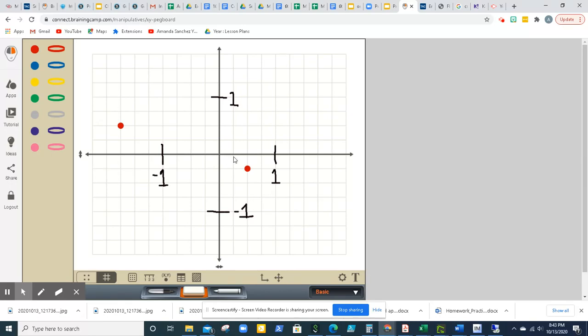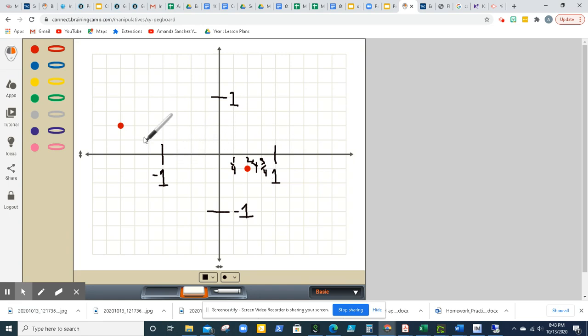So if I count, I have 1, 2, 3, 4 squares, which means each line is representing a fourth. So this first one would be 1/4. This one would be 2/4, and this one would be 3/4. Even though it's really messy. And then this line is my 1 whole. And then you keep going.